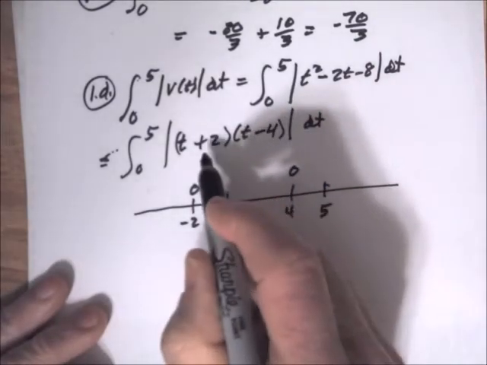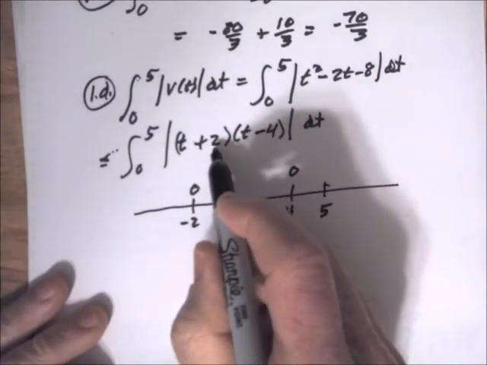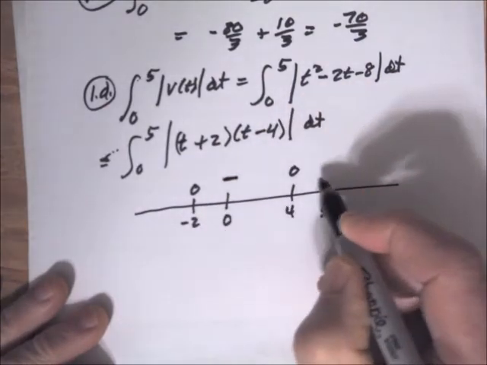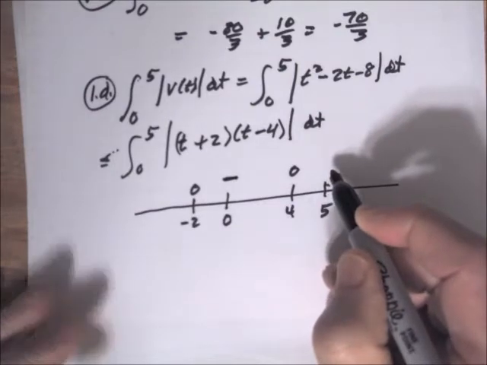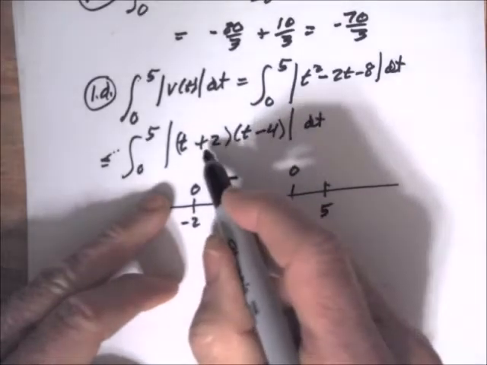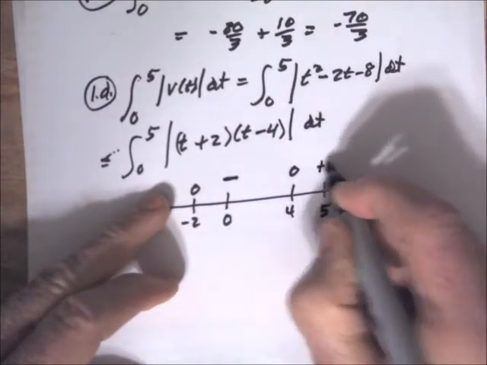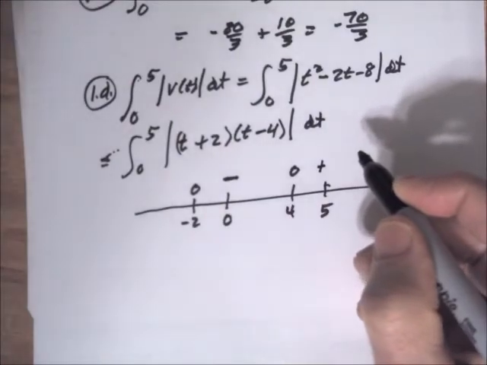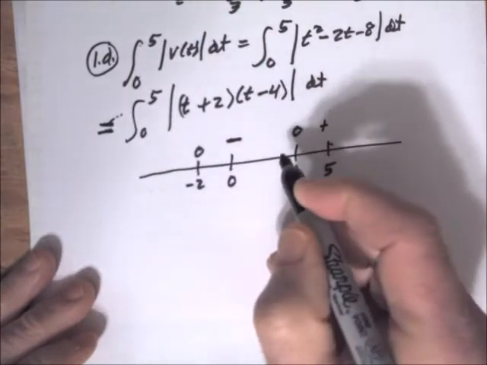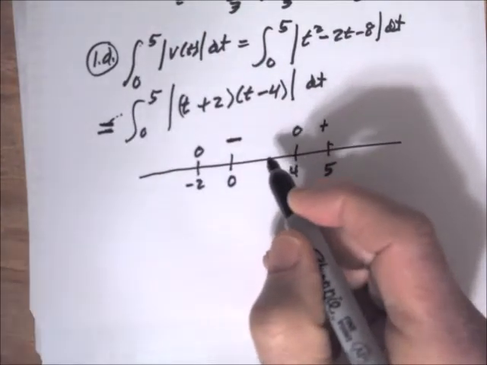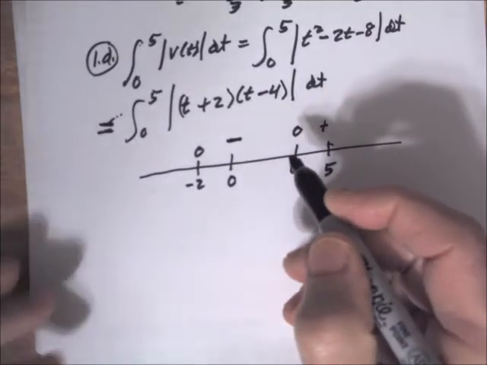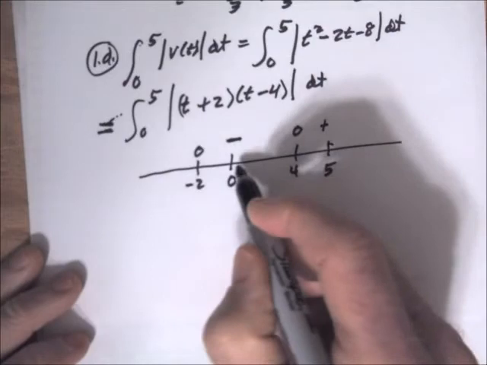At 0 seconds, we have positive times negative, which is negative, and at 5 seconds, both of these are positive. So if we want the absolute value of the velocity, we have to take the opposite sign between 0 and 4.